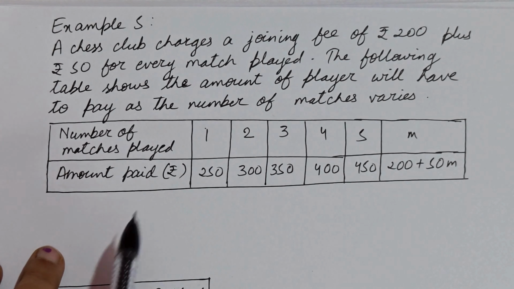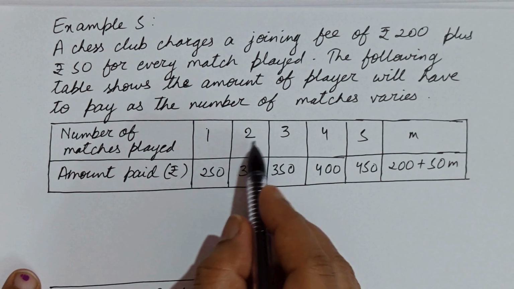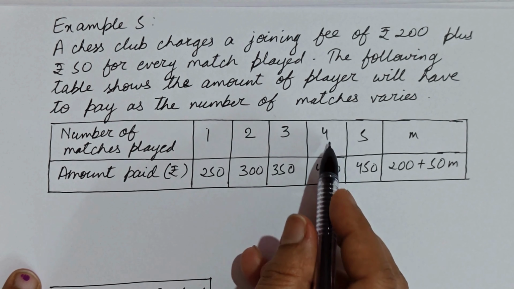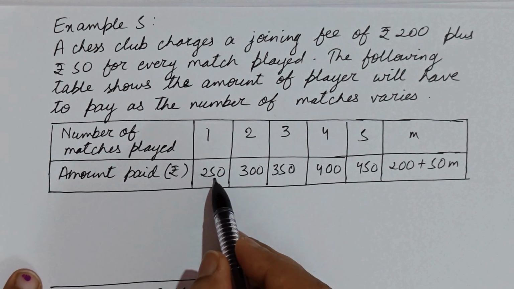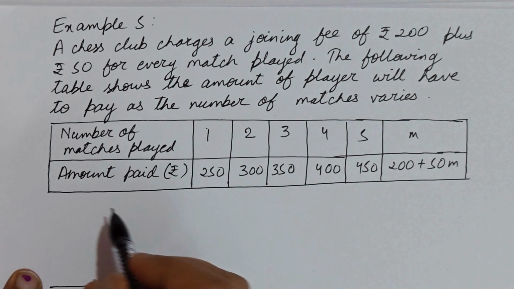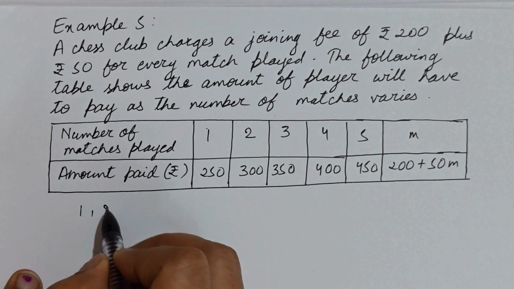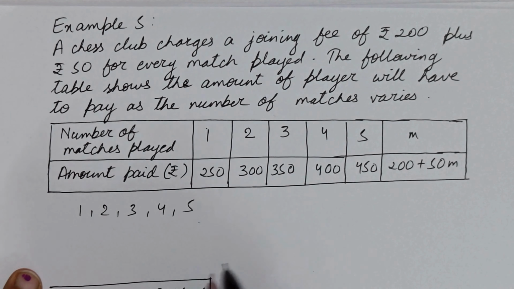Now you can see that in the matches played, the difference is 1 extra match each time, right? And you can see the difference in the amount paid. This is the pattern. I have written 1, 2, 3, 4, 5 as the number of matches played.